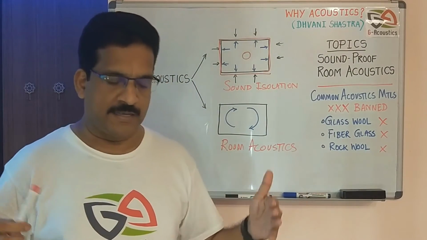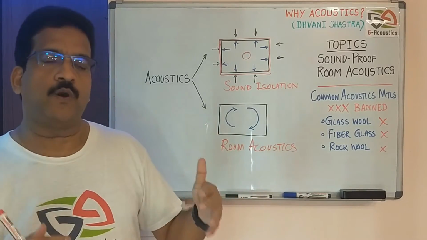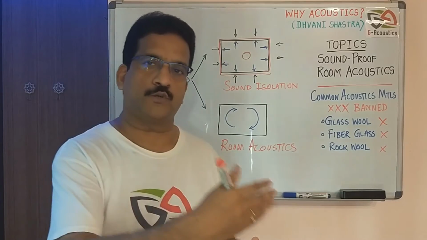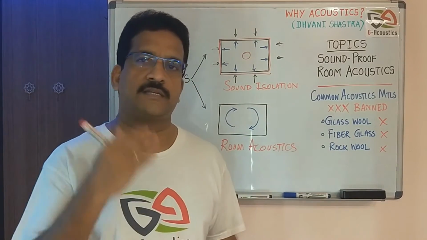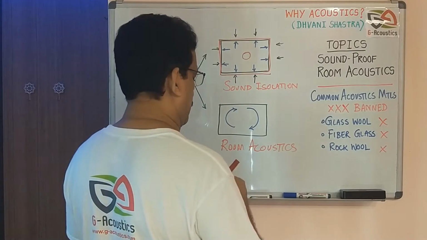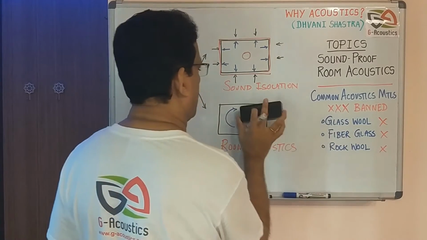Now, for example, say you and your wife are in that particular room. When you talk to your wife, one is there is a direct sound. Let me show with an example.